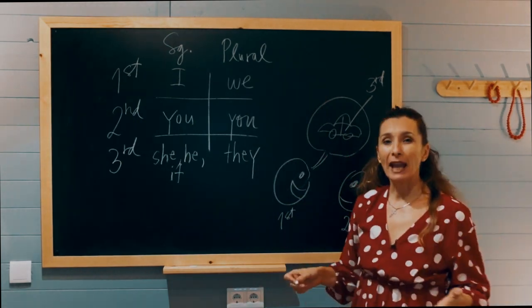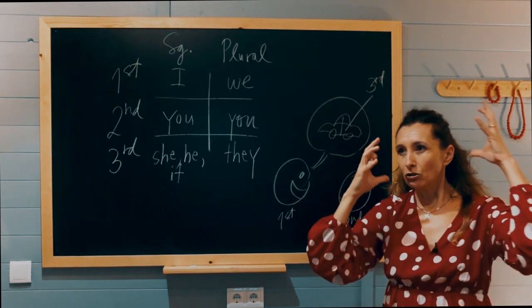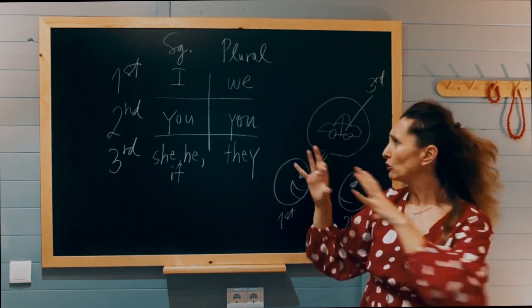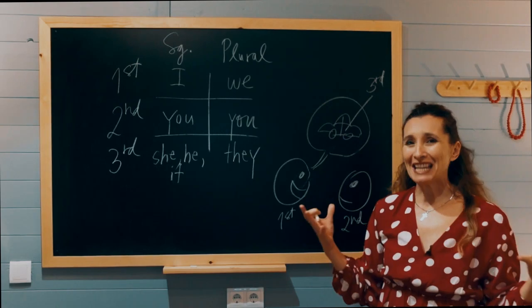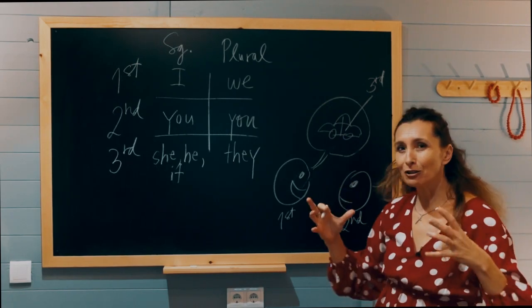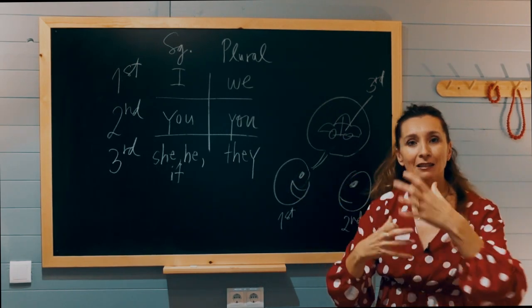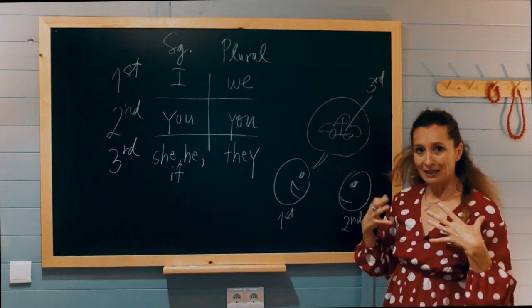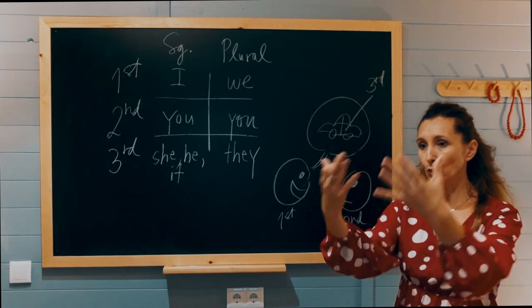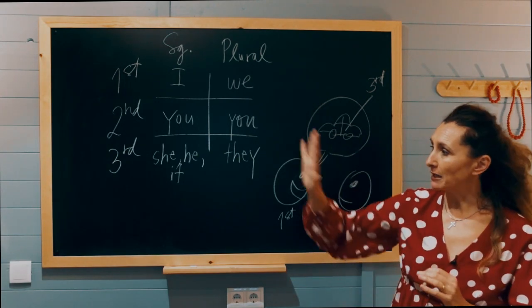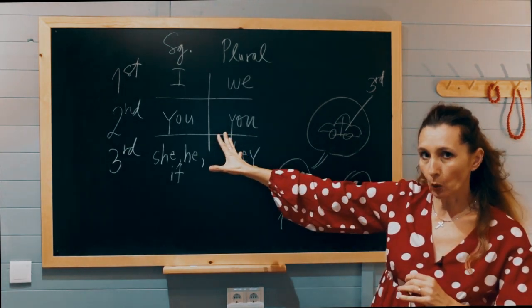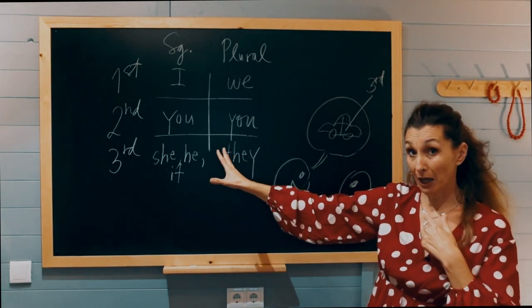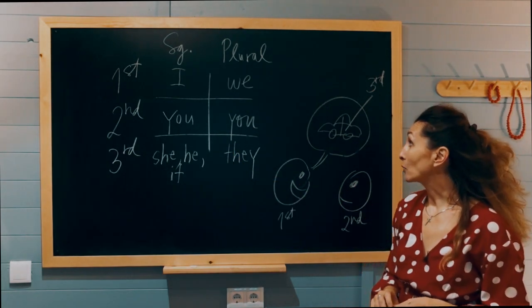Okay, so you need to understand this, and more than just understanding it and being able to maybe recreate it, you need to kind of visualize it. You need to feel this in 3D. Okay, you need to really see it in space. Okay, I, the speaker, you, the person in front of me, he, someone we are talking about, someone I'm talking about and you're listening about.